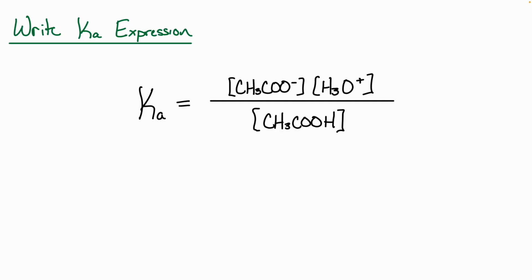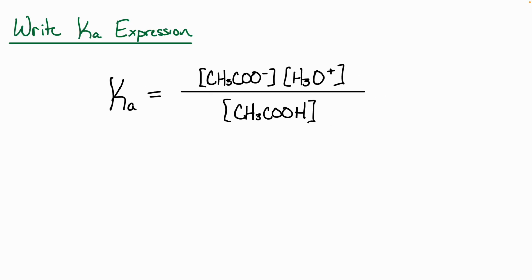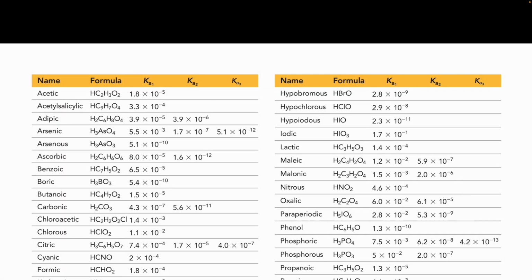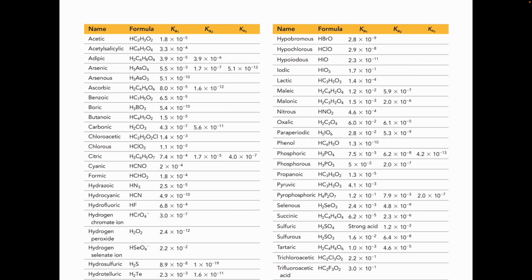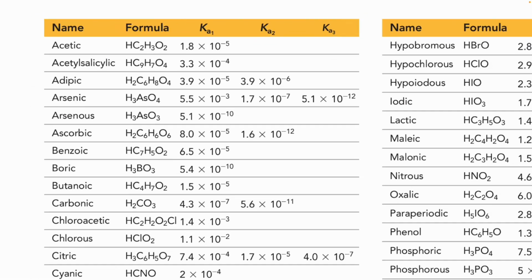So I need a little bit more information before I can do it. The Ka values for all of the weak acids that we're going to study are tabulated on our constants page. We've got a big constants page here. These are all of our weak acids. So I'm going to find my weak acid, acetic acid.